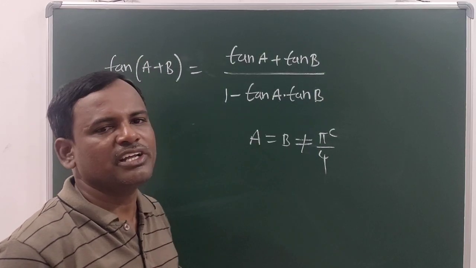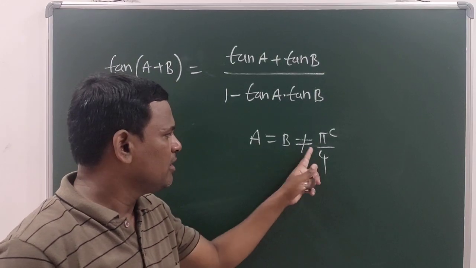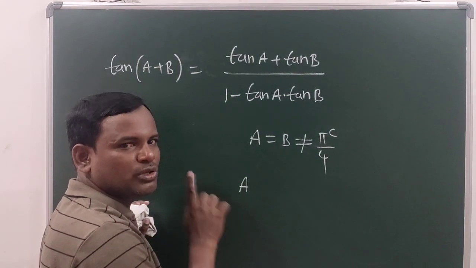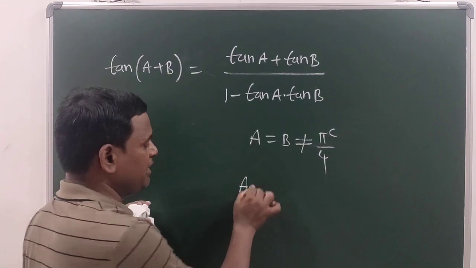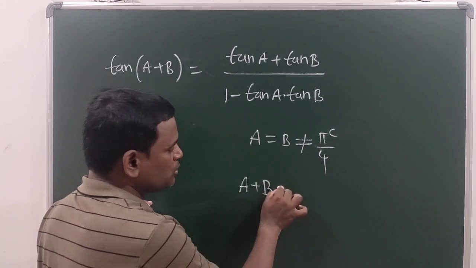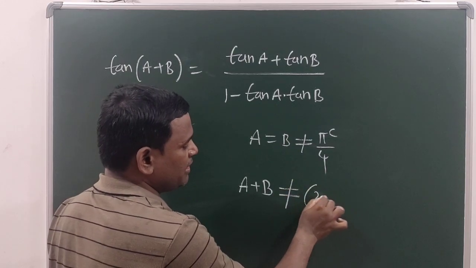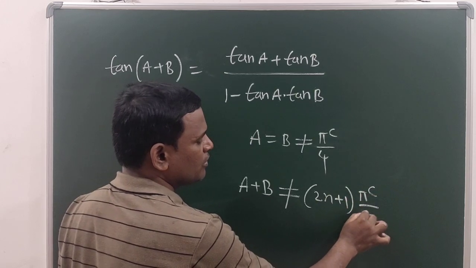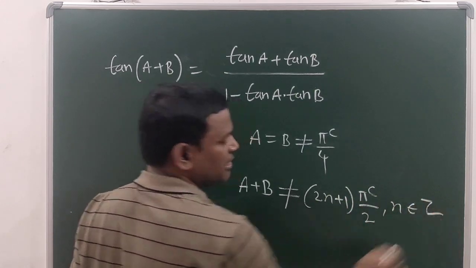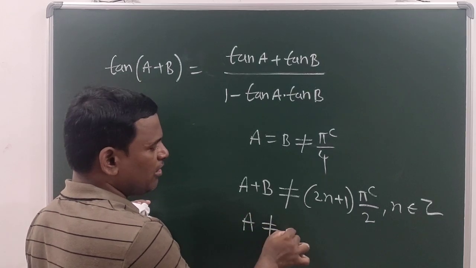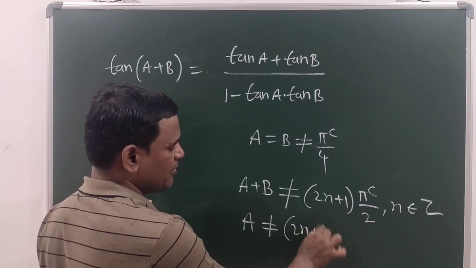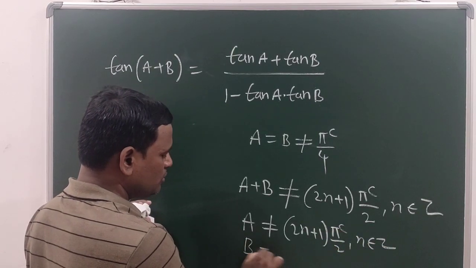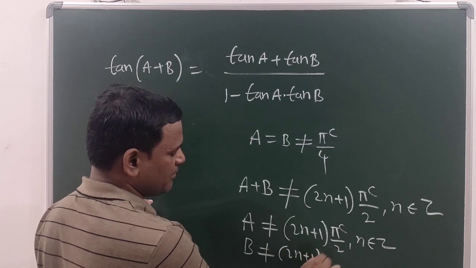Hence A and B simultaneously should not be 45, and also A plus B should not be odd multiples of 90, that is 2n plus 1 into pi radians by 2, where n belongs to integer. Even A also should not be odd multiples of 90, where n belongs to Z, and B also should not be odd multiples of 90.